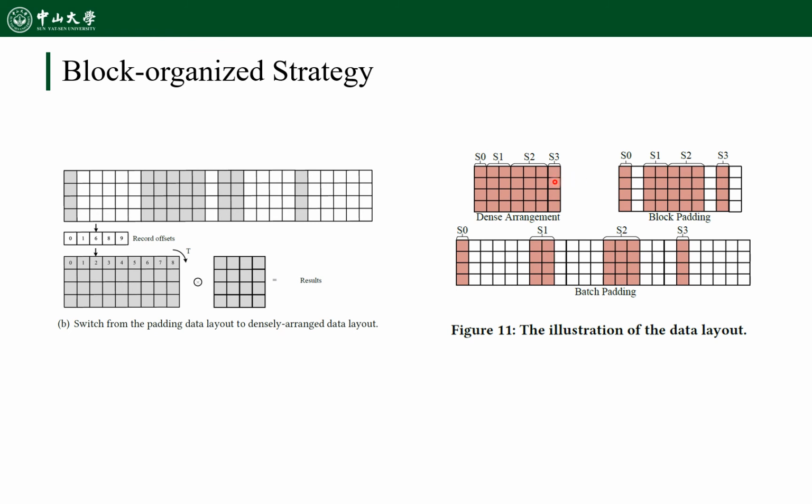In detail, the fine-grained strategy splits valid values in blocks. If the size of valid values cannot be divided, blocks on the edge require to be padded. Thus, the block padding only pads blocks on the edge, which has much less padding area than the batch padding.